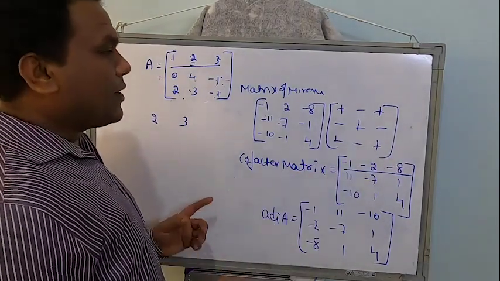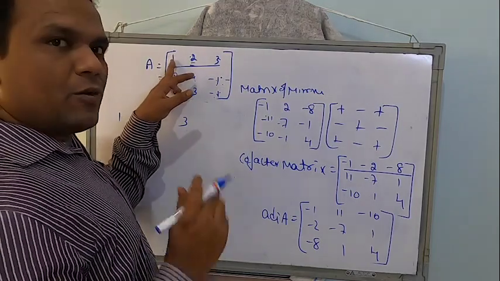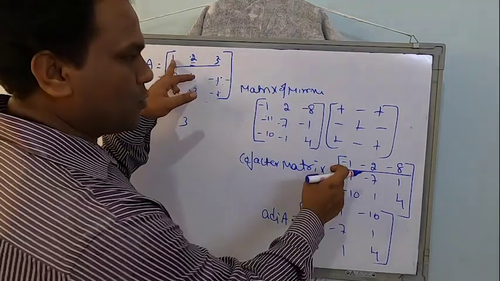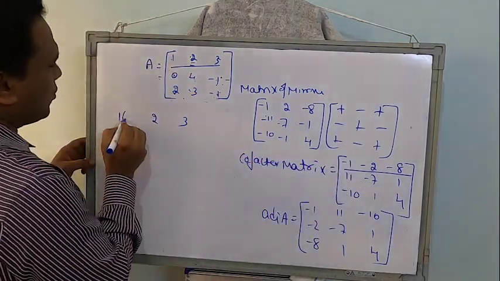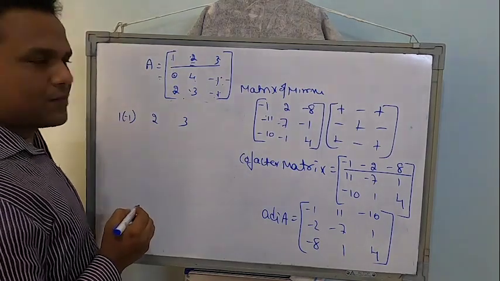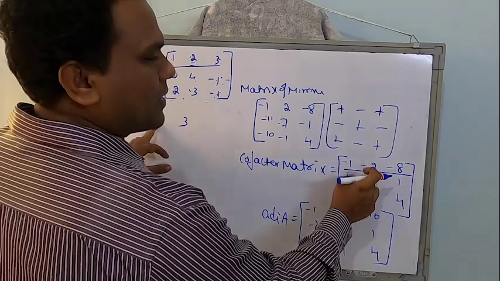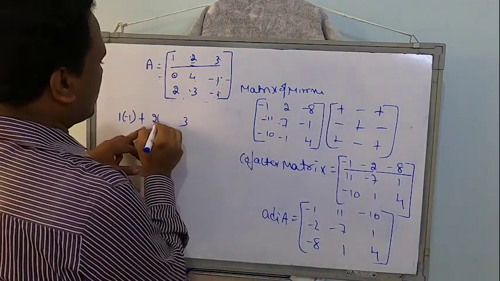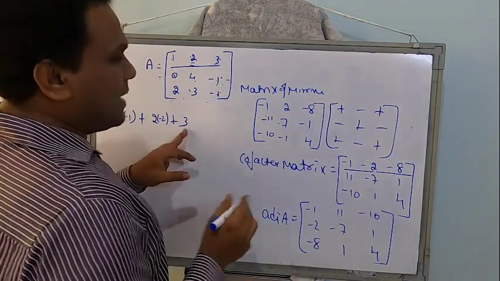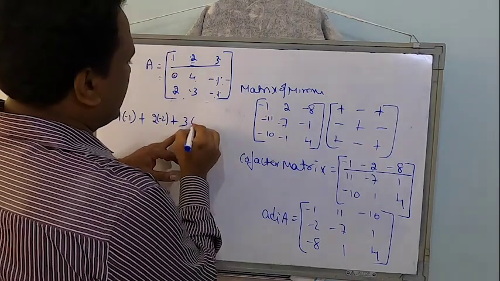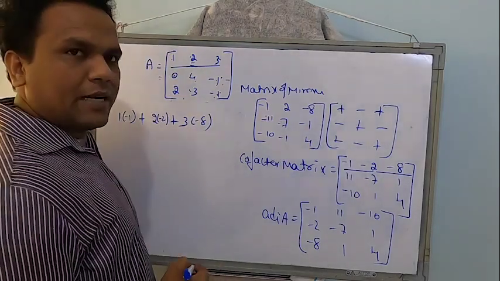Correct. So what I will do here, I will multiply the element with its corresponding cofactor. Cofactor of 1 is minus 1. So 1 multiplied by minus 1 plus 2 multiplied by its cofactor. Cofactor of 2 is minus 2 plus 3 multiplied by its cofactor. Its cofactor is minus 8.